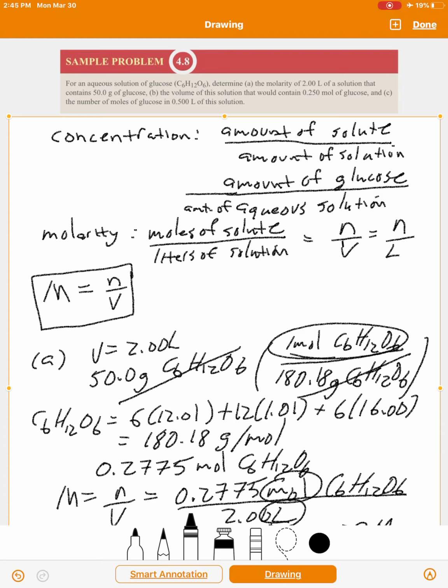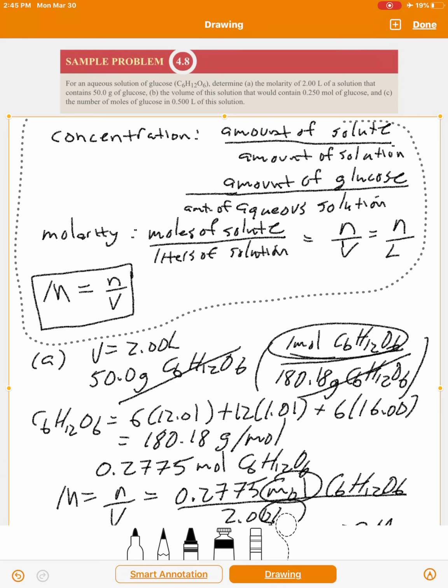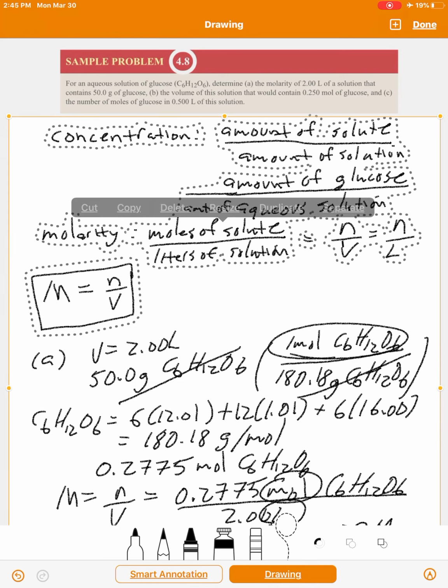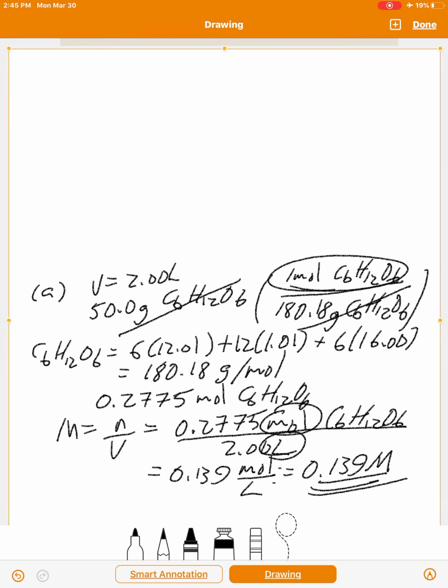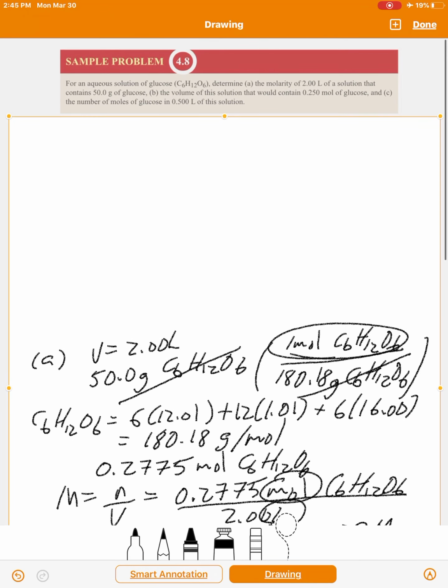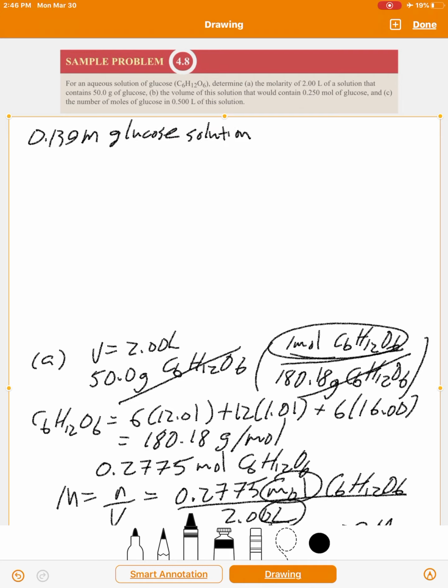Now, in part B, it says we're going to use this solution and find the volume that would contain 0.25 moles of glucose. So I'm going to erase this up here. And then we're going to take that information that we have a 0.139 capital M glucose solution, M for molarity.